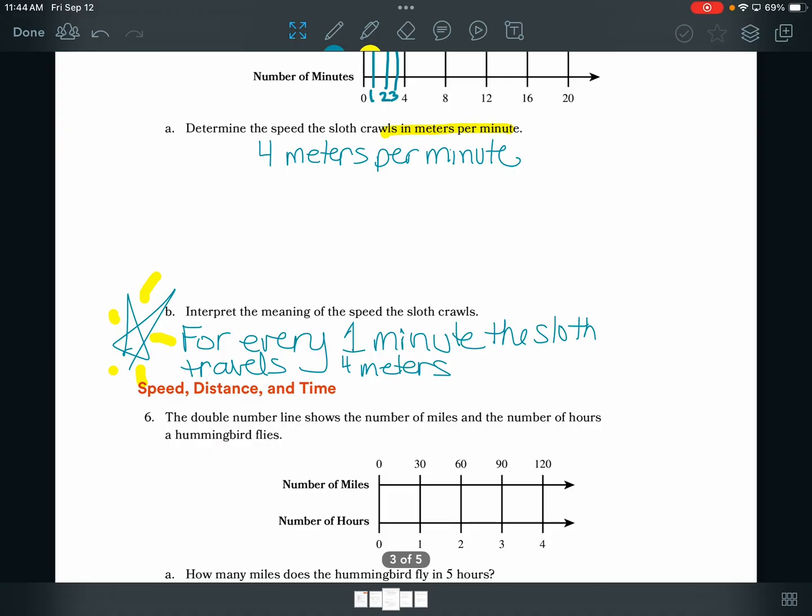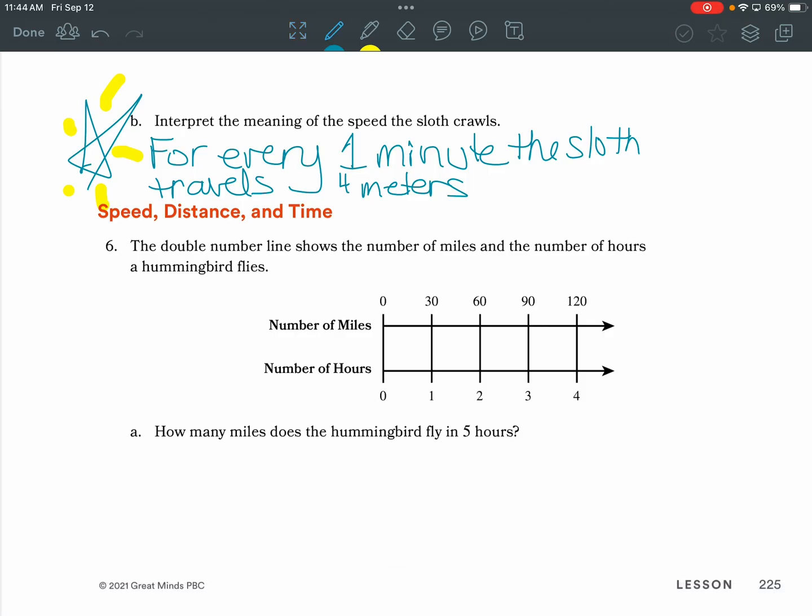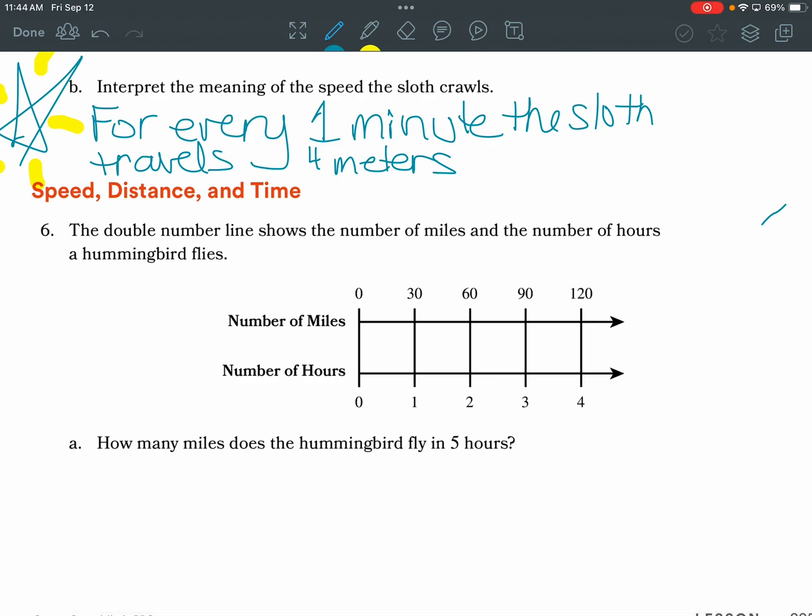All right, so this double number line is the hummingbird. Does it show me 5 hours? I need to know for 5 hours. It does not show me 5 hours. Make it 5 hours. Go. Make the double number line 5 hours. And I already know who I'm asking, so don't blurt it out.